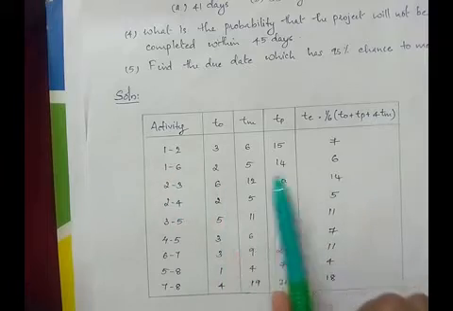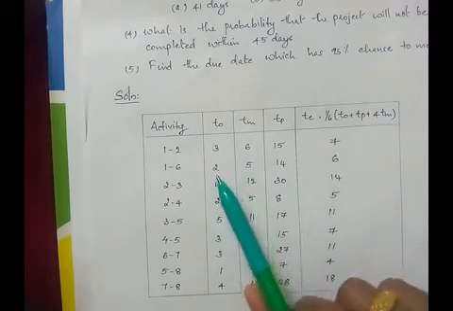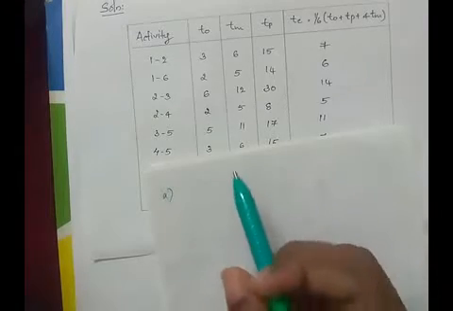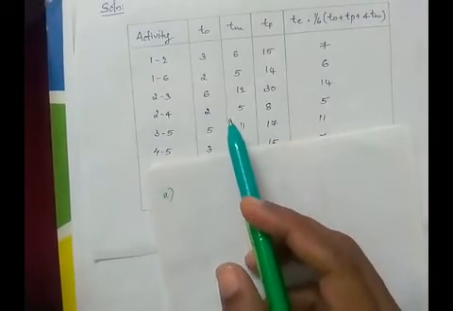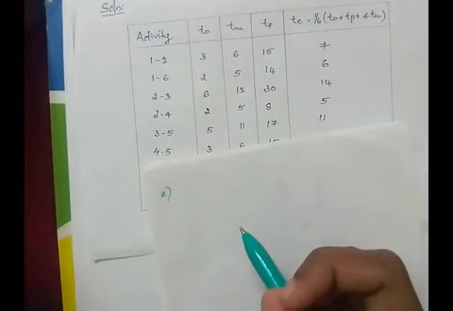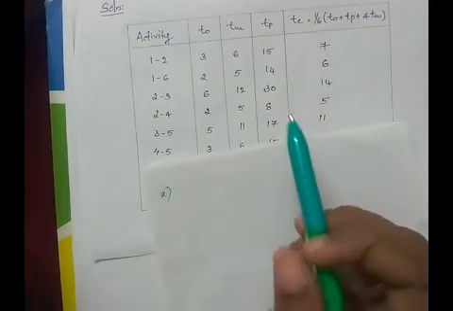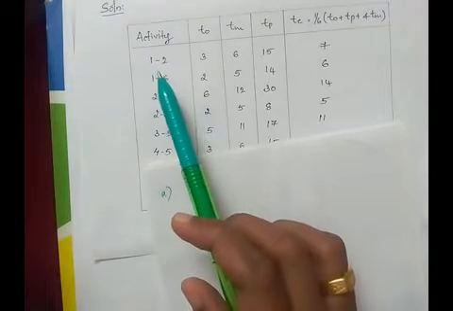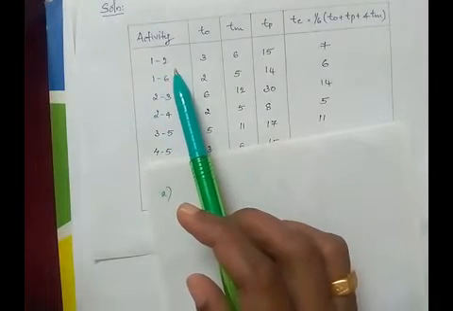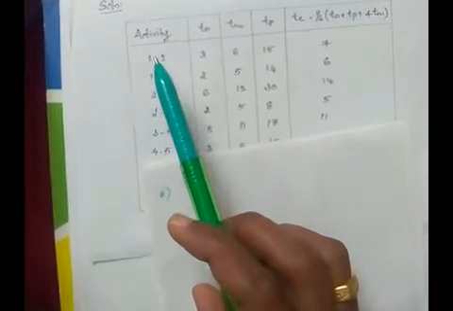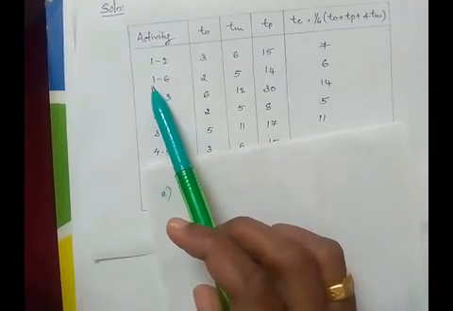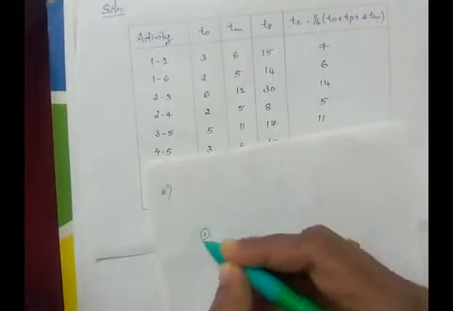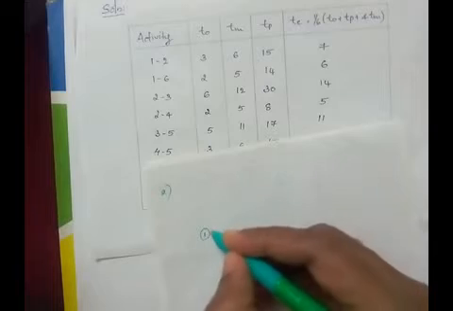By applying the formula to each activity, we will get the time durations like this. Using this table, we'll draw the network diagram. The first activity given in the table is from events 1 to 2. Now look at the second one. There also the activity starts from 1. That means 1 is the starting event and 2 activities are emerging from 1.